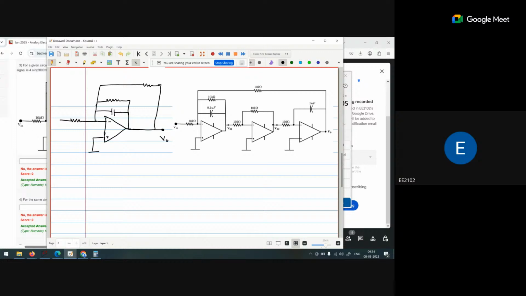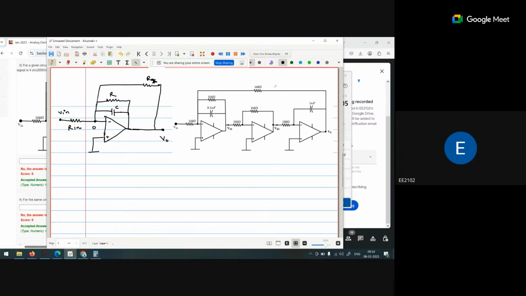Now your resistor and capacitor both are in parallel. So we know that these two are in parallel, the R and C. This is the R2, we say that it is RX. So this is the R in, V in.